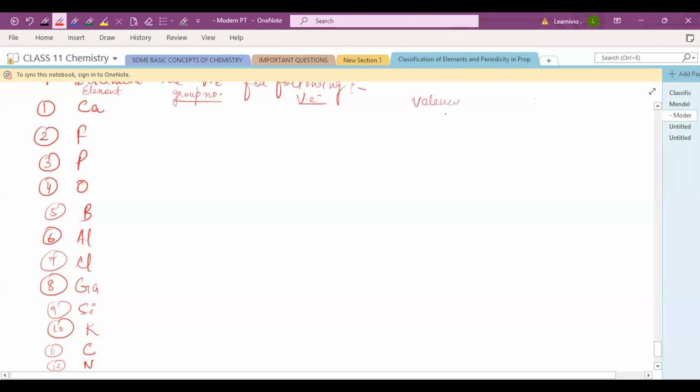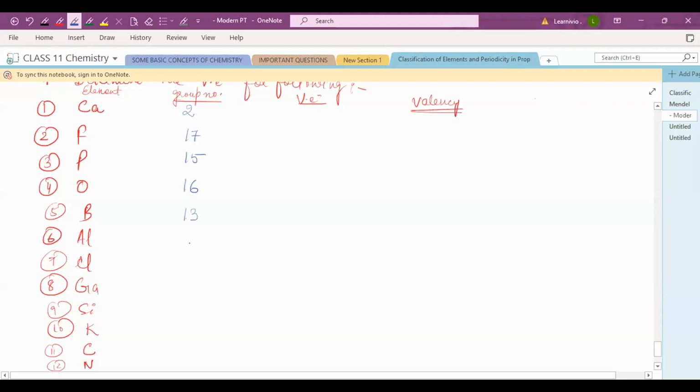Okay, calcium, which group number does it belong to? It's second, right? For fluorine, it's 17. For phosphorus, it's 15, oxygen 16, boron 13.